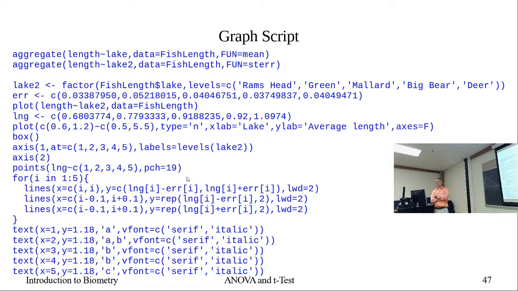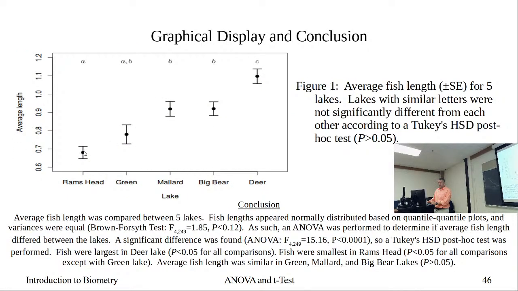So the standard error gives us a standard error for each of our groups, and what I have to do is calculate the error bars. So I use the standard error for the error bars. We have our mean, and then I told it we have to go above, that's a standard error, and we have to go below, that's a standard error.